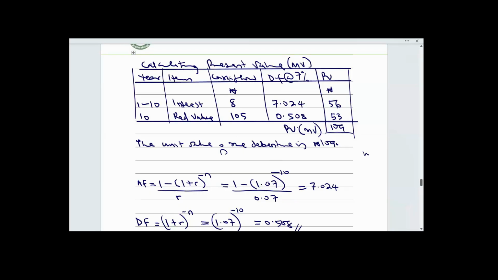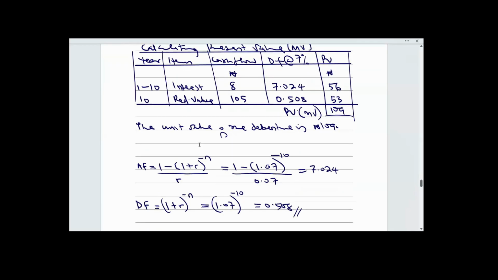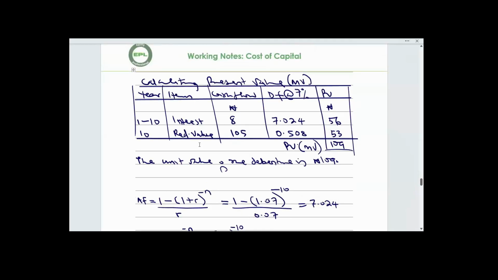Yes, Lesson, talk to me. Sir, this 105 that is under this cash flow, how do we arrive at it? Ordinarily, when you talk about redemption value, before you put this figure, you need to go to the question and see how you are going to redeem the debenture.